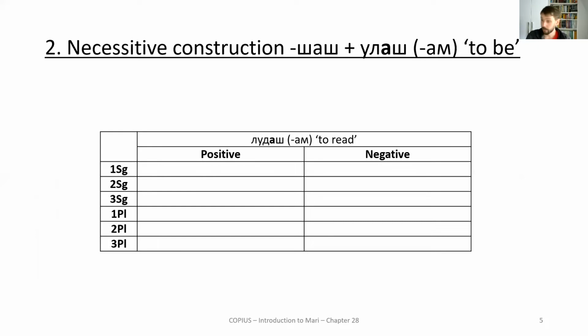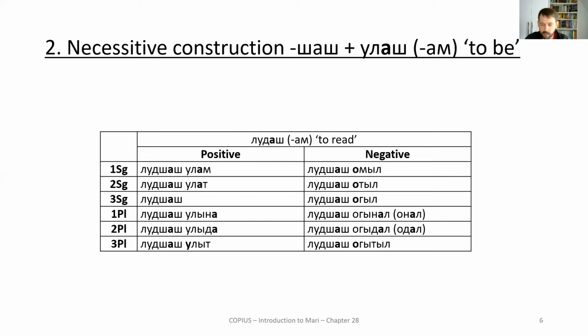So another new construction we are learning in this chapter is a necessitive construction consisting of the future necessitive participle with the ending shash and ulash to be positive or negative. So it would be, for example, luchash ulam, etc. And this is by far not the first necessitive construction that we've learned.